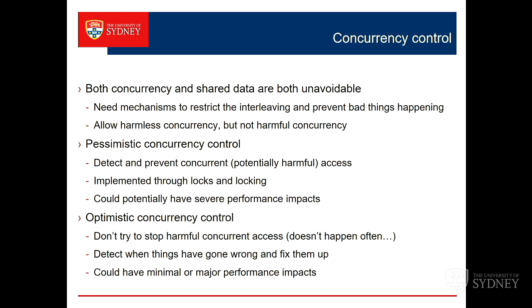Let me try. Oh no, it didn't work either. And we'll try again. So we're spinning around, trying, finding we had a problem, retrying, finding we have a problem, retrying. So both of these will have major performance impacts on severely contended bits of data and low impact when we have minimal contention for shared data.